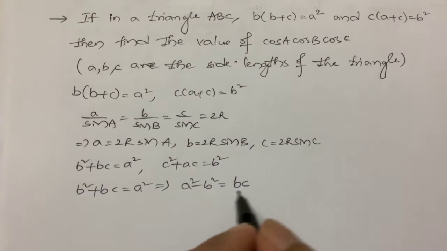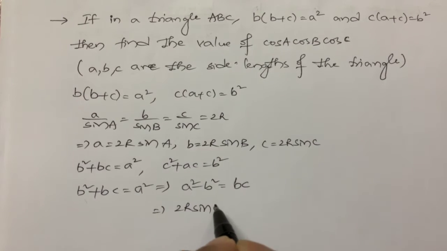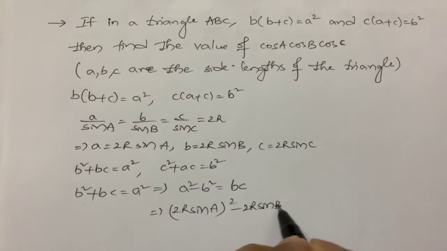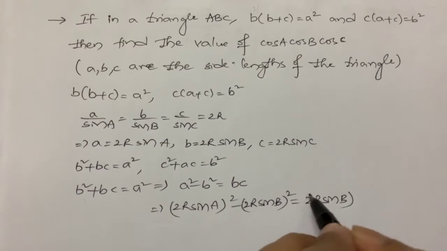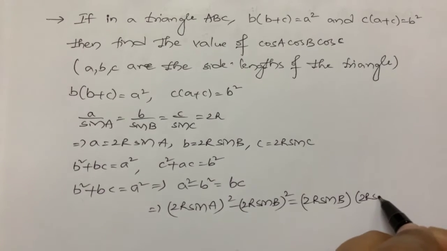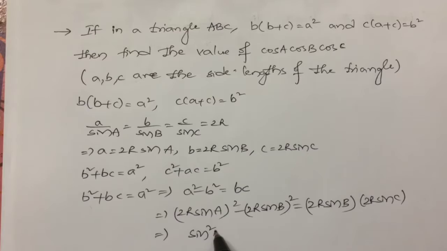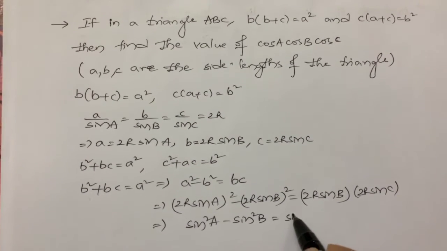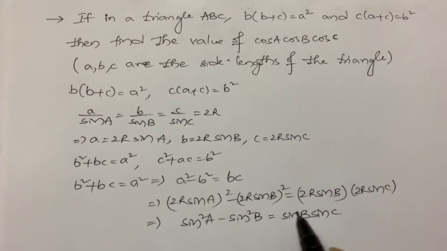So if I substitute now, I'll get (2R sin A)² - (2R sin B)² = 2R sin B into 2R sin C. So this is sin² A - sin² B = sin B sin C, because (2R)² will get cancelled on both sides.